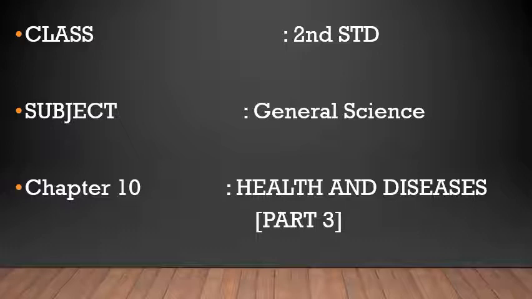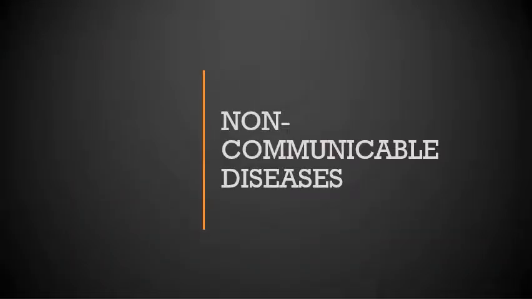Communicable diseases can spread from one person to another, for example common cold and swine flu. The present COVID-19 situation is also a communicable disease. So let's continue with the chapter with non-communicable diseases.